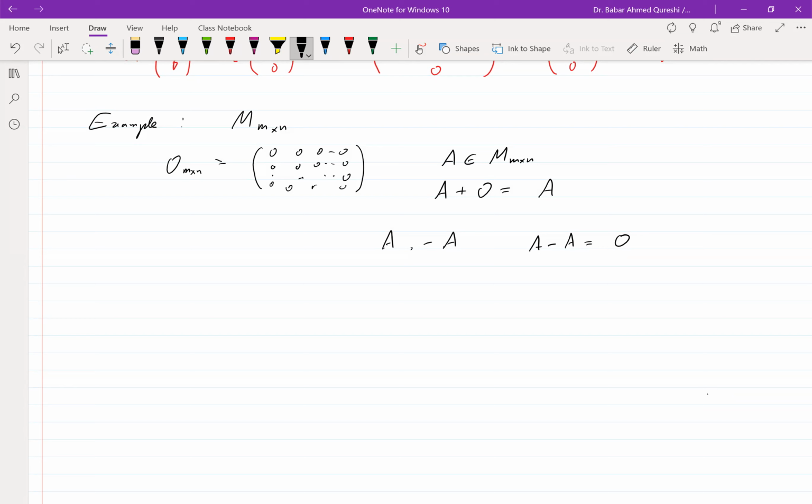So again, if I check, since addition is defined, this still gives me some matrix D, which is still in M, m cross n in this class. So all matrices of any size, they form a vector space. So this is a vector space.